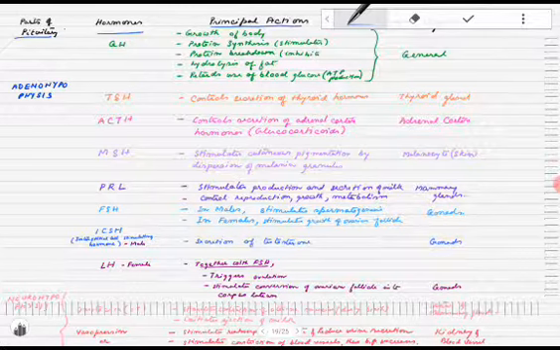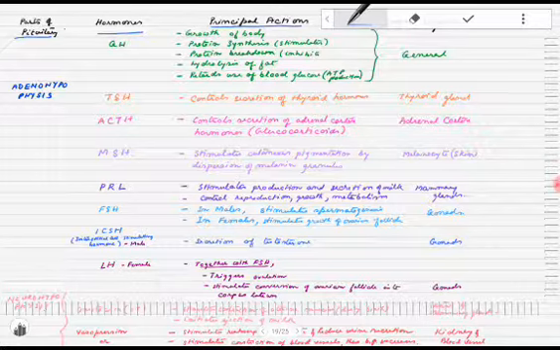Now, GH, the growth hormone, is under the adenohypophysis. From the adenohypophysis the following hormones are produced: GH, TSH, ACTH, MSH, PRL, FSH, and ICSH, including LH also.